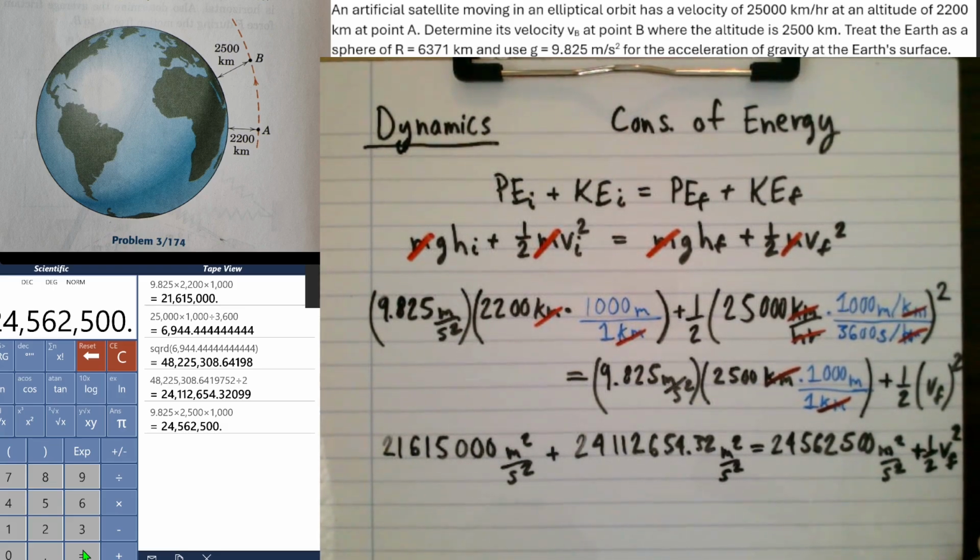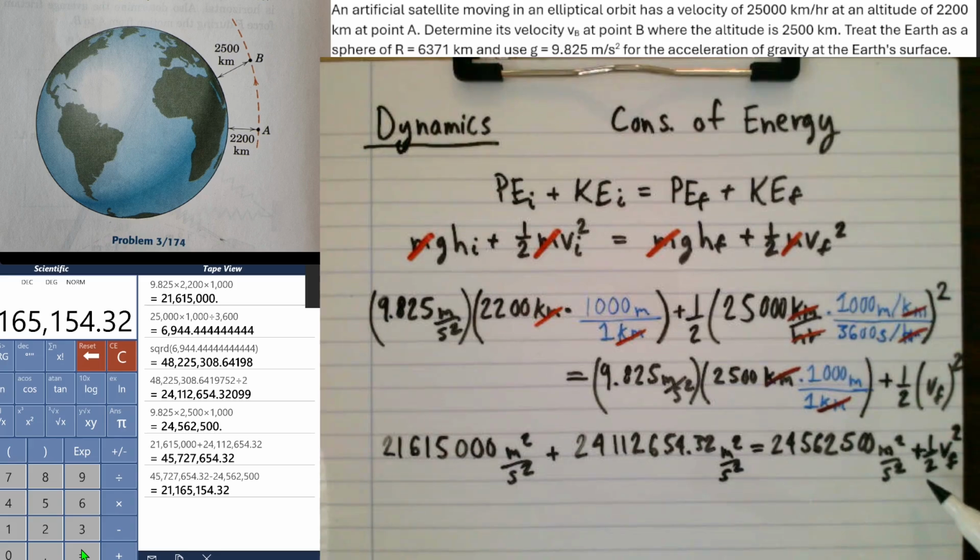Okay. So now we're going to combine these terms. We go ahead and add up our two terms on the left. We have 21,615,000 plus 24,112,654.32. Then we're going to subtract the term on the right, the 24,562,500 term.